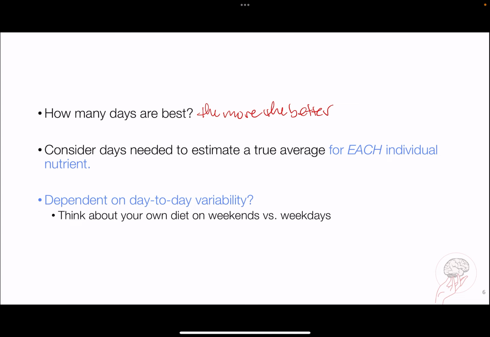And we have to think about if this nutrient changes day to day. So think about the difference between your own diet on weekends versus weekdays. Or Christmas is coming up. Do you often eat the same way during the Christmas holiday that you would in the middle of July? Even seasonally, the difference in foods available in the fall versus the spring.